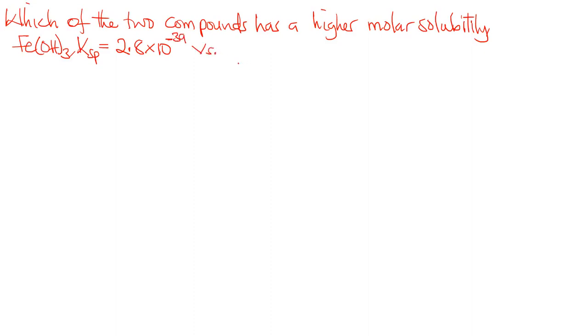This one versus zinc sulfide, that is zinc sulfide with a KSP of 3.0 times 10 to the power negative 23.